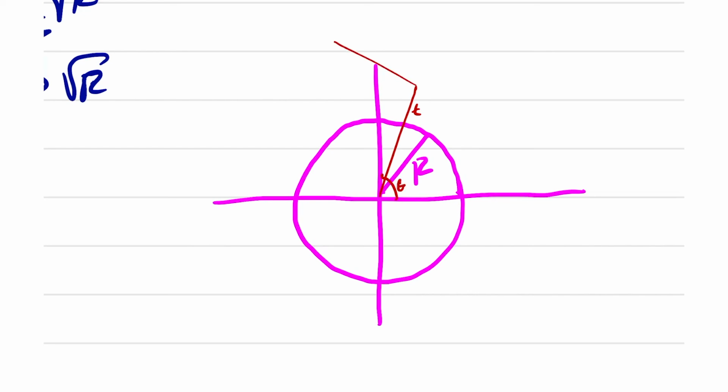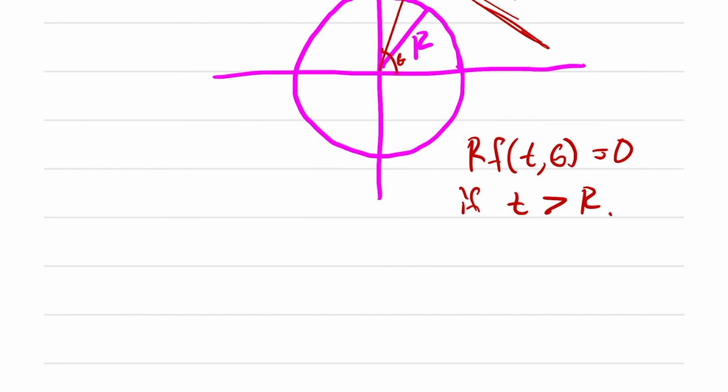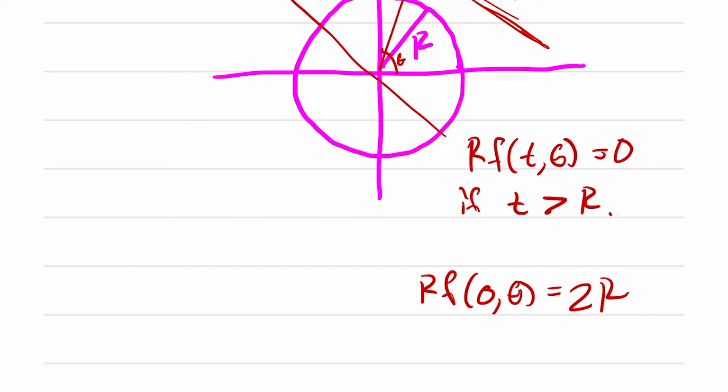Then the line that we're talking about, L of (t, theta), is perpendicular to these two. So if we're outside of the radius r, then R of f at, say, (t, theta) is equal to 0 if t is bigger than r, right? And R of f at (0, theta) is actually equal to 2r, right? Because you'd basically have a straight line right through the circle.